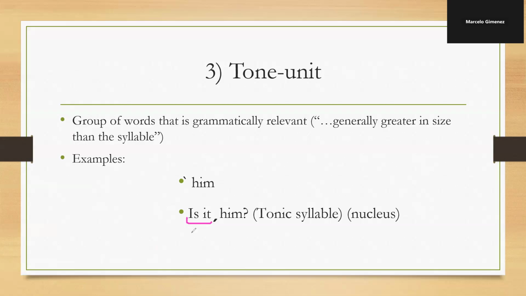The prehead includes all the syllables before the head, actually, and the syllables in that prehead are usually unstressed, non-prominent. So this tone unit over here would be made up of a tonic syllable, "him", and a prehead. So why is it not a head? Because there are non-prominent syllables, there are no stressed syllables in it. But we'll see it in a sec. Let's go back to the head.